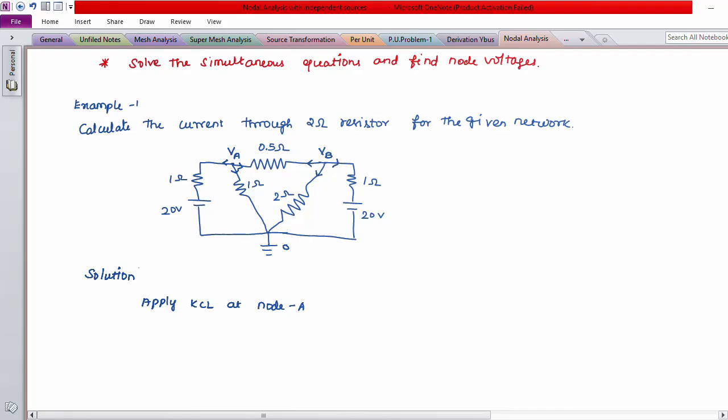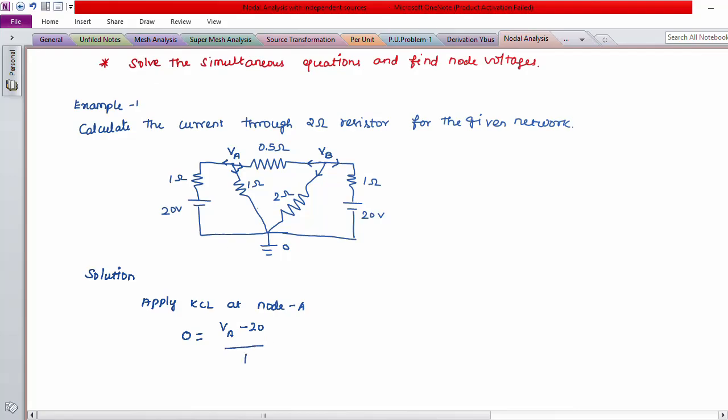As per the assumption, all the currents are leaving at each node. Now we are applying KCL at node A. We have to check whether any current sources are present at each node. At node A, there are no current sources, so there is no incoming or outgoing current, so we write 0 equal to (VA minus 20) divided by 1. Why VA minus 20?